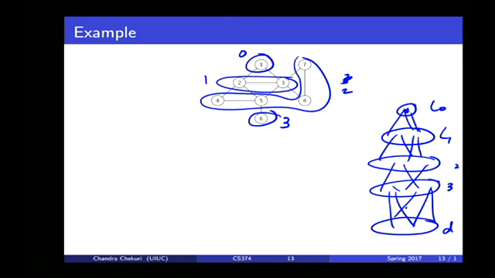I cannot have an edge from level 1 to level 3. Can I have edges within the level? Yes, you can. So the only edges in the undirected graph are between adjacent levels or within a level. It's a very important property of breadth first search.